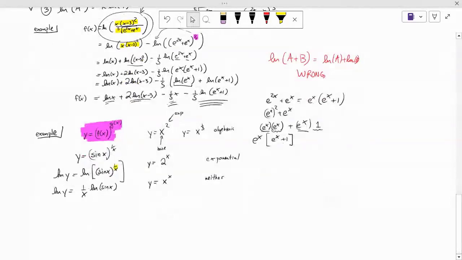Maybe I'll mention something about logs in general. So these two expressions: log base 2 of 8 equals 3. Why is that statement true?